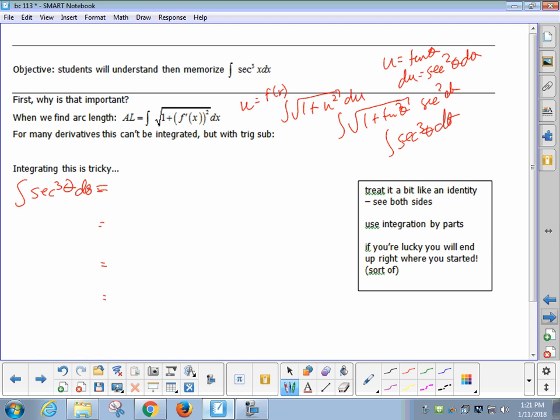Now then, what's something you can do with secant squared? Give me something to do. Split it up. Split it up how? Secant squared and secant. Now, give me another idea of what you can do next. Do the identity. That's exactly what I would have thought. Secant squared is tangent squared plus 1, and I can tell you from experience that goes nowhere.